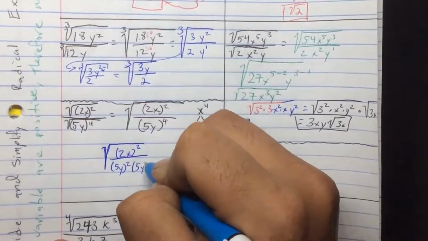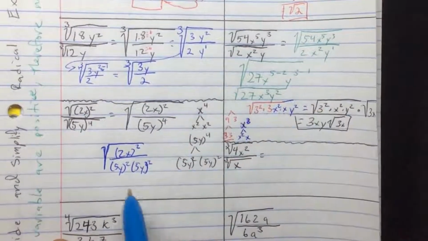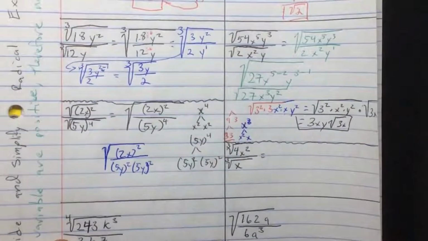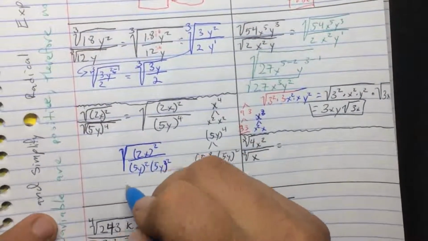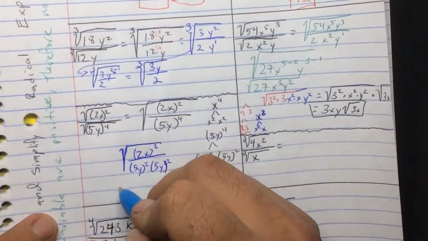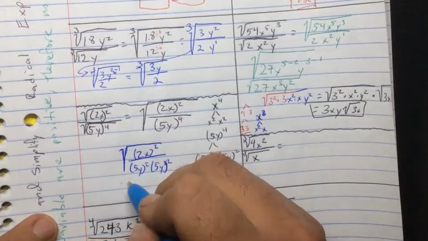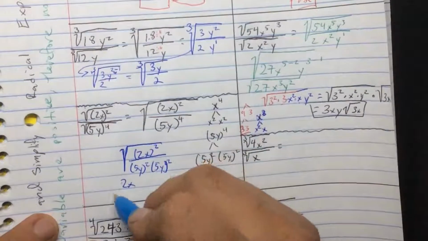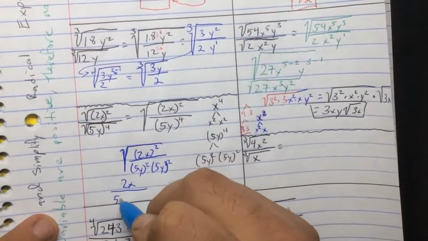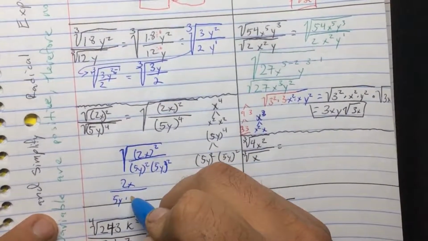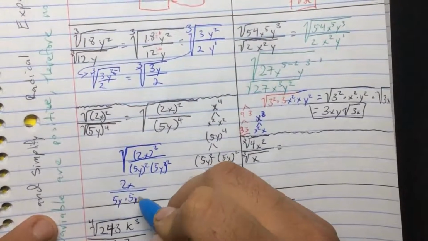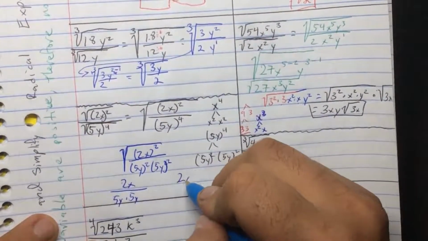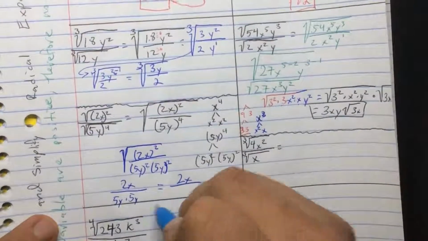The square root of 2x squared is 2x, divided by the square root of 5y squared times the square root of 5y squared. So this ends up being 2x divided by 25y squared. Fun problem. We'll admit, it was a fun problem.